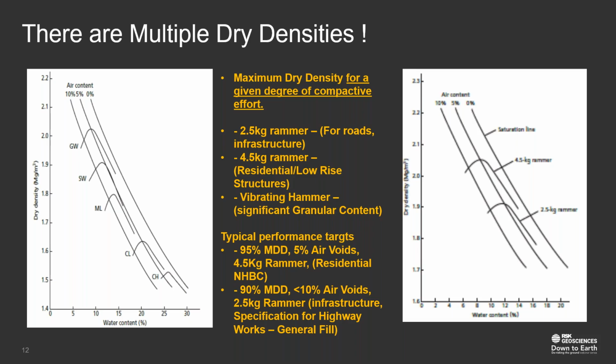And typically for housing, you'll be working to a target of 95% maximum dry density, 5% air voids with a 4.5 kilogram rammer. Roads and highways, much lower standard: 90% MDD, 10% air voids with a 2.5 kilogram rammer.